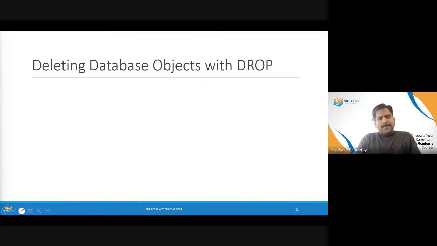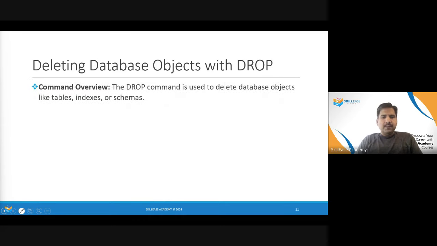Now, in case you want to drop a particular object, you can use the drop command. But be sure while using a drop query, SQL permanently deletes the database object from the database schema.